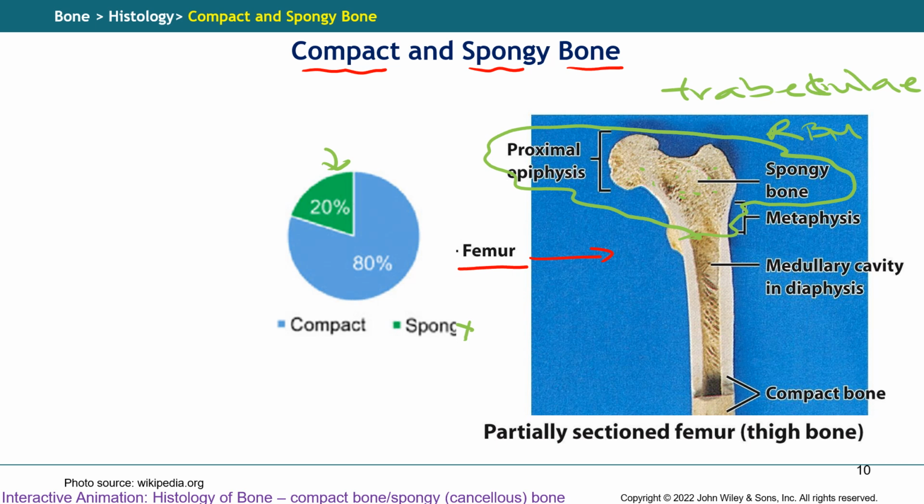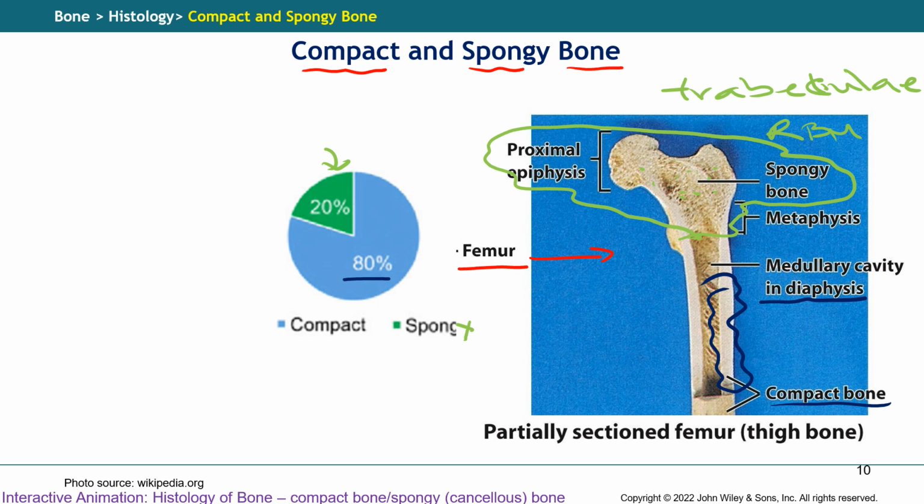Now, while I change the color, hopefully I was able to change it. I'm going to try to go to blue. You see, okay, it worked. You have here the diaphysis, and in the diaphysis you have this compact bone here, compact bone that represents 80% of these long bones. And this compact bone is much more robust, much heavier, and is located in the diaphysis.